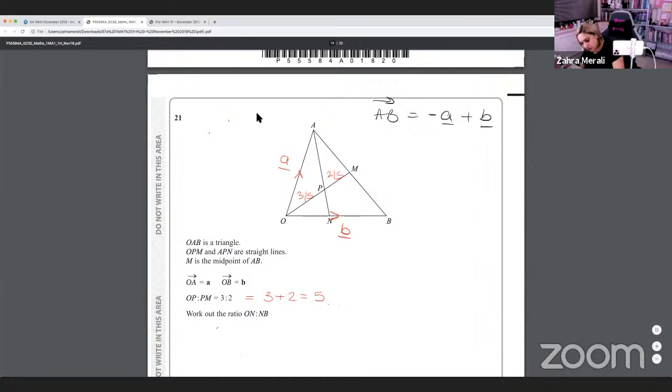I know to go from A to M, I know M is the midpoint, so this is half and this is half.